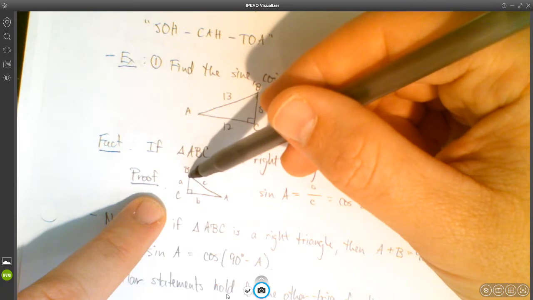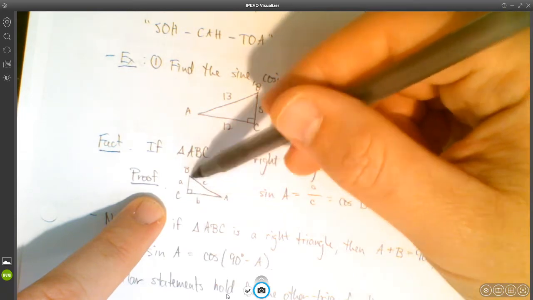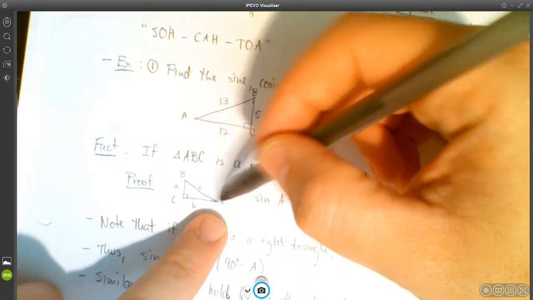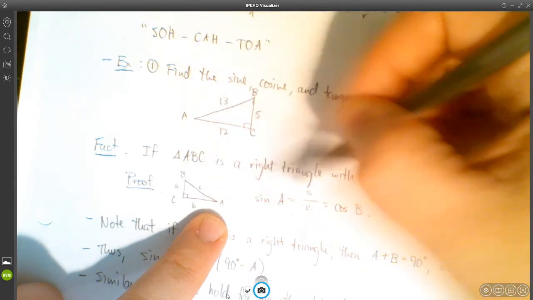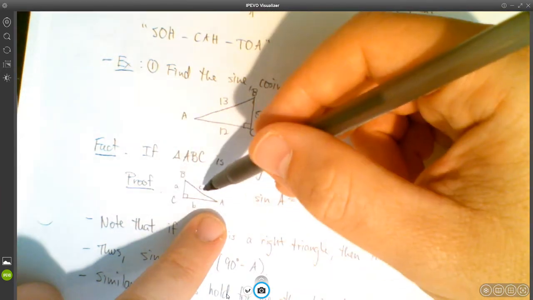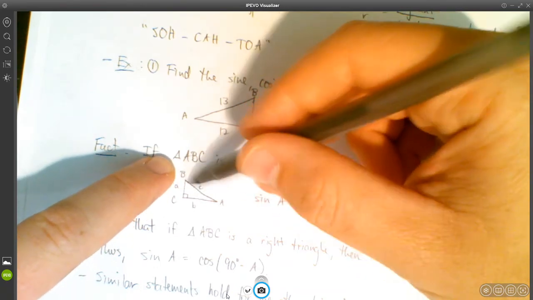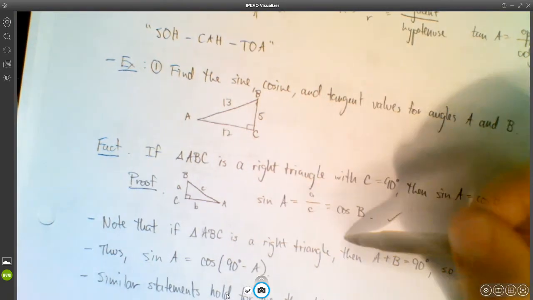If this is angle B, then this is side b. And if this is angle C, then this is side c. Now, sine A is opposite over hypotenuse. That's a over c. On the other hand, cosine B is adjacent over hypotenuse. That's still a over c. So sine A is the same as cosine B.